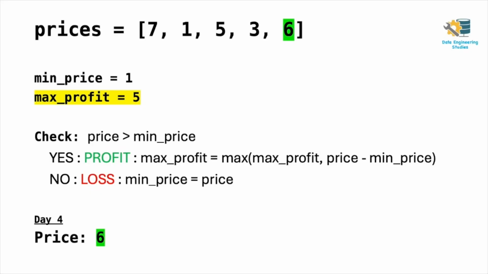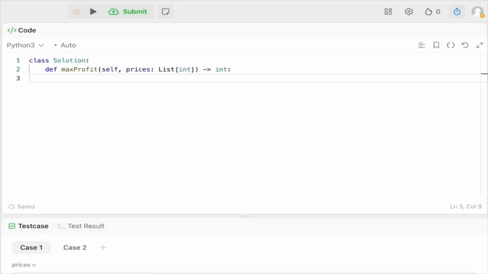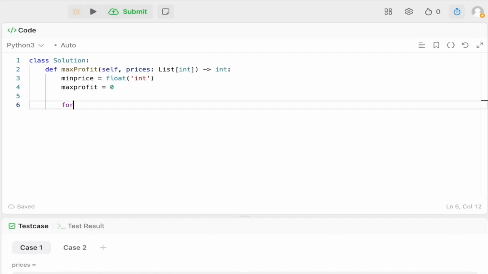Now let's get into the implementation. First let's declare two variables, min price and max profit. Min price equals infinity. We will initialize max profit equals 0. Now we will iterate through the list, for price in prices.